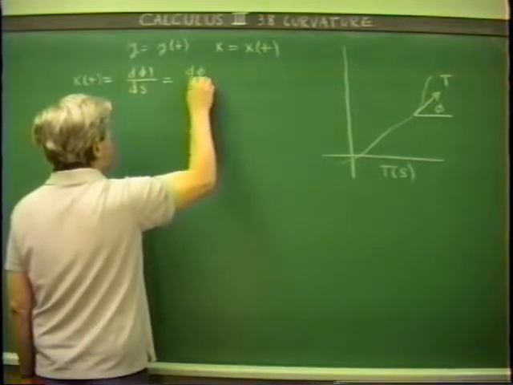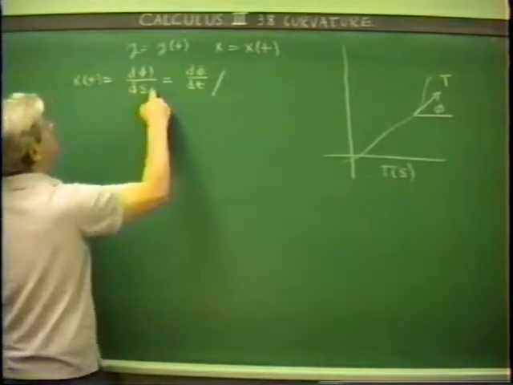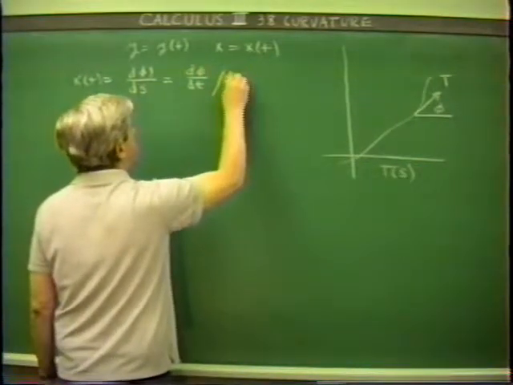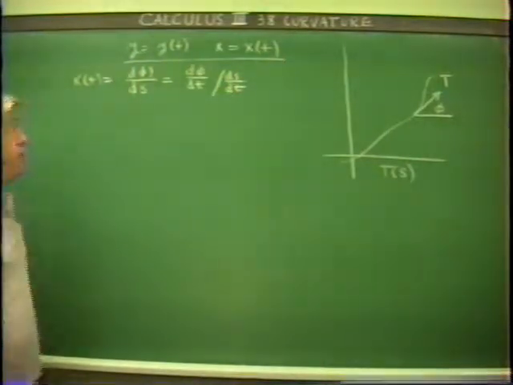The way to compute this is to compute d phi dt and divide it by ds dt.